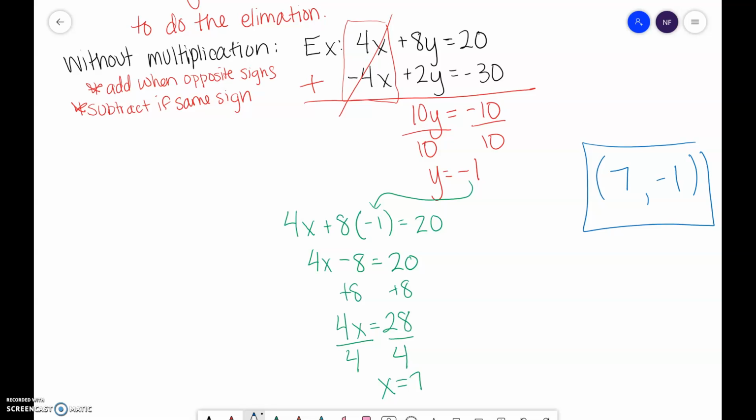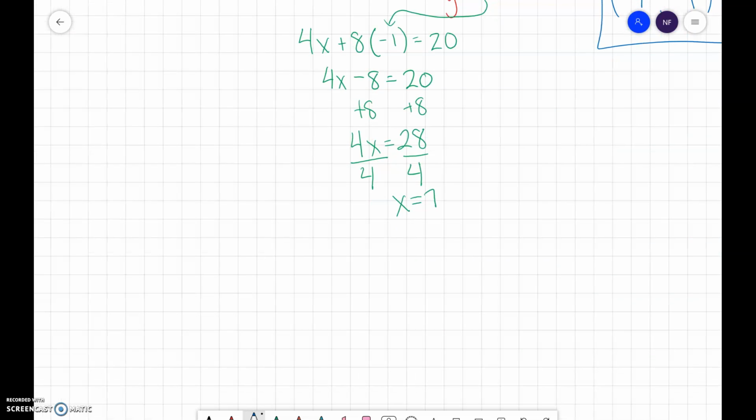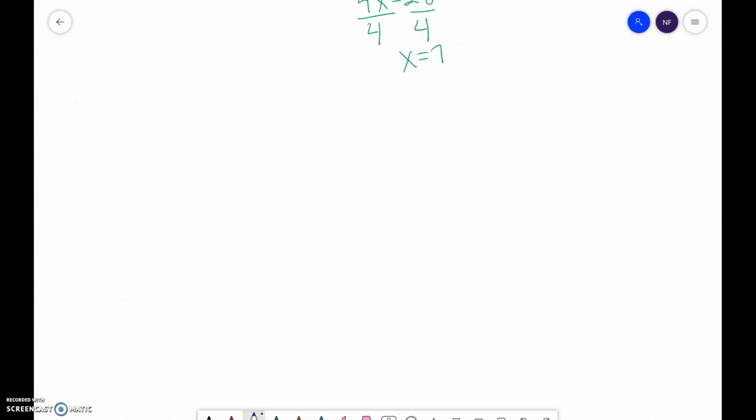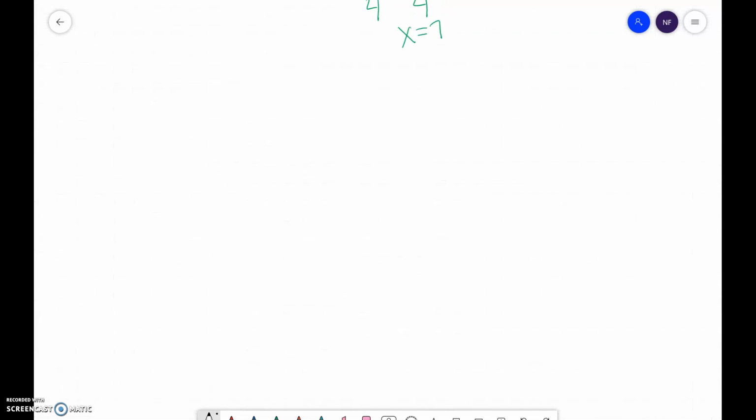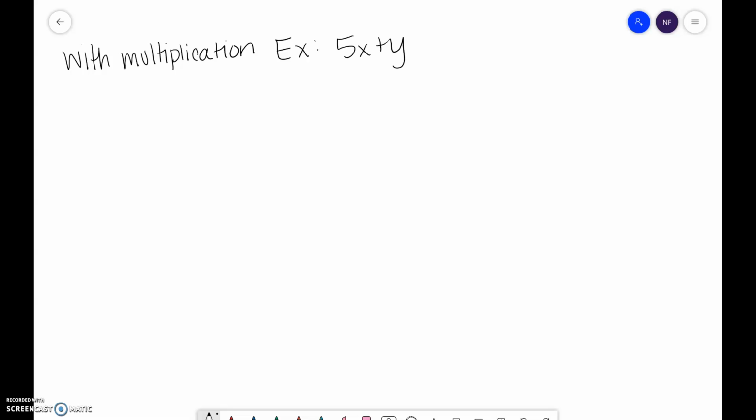Now we're going to do one where you have to multiply first. I'm going to move it up, and we're going to do another example. So with multiplication, our problem is 5x plus y equals 9, and 10x minus 7y equals negative 18.